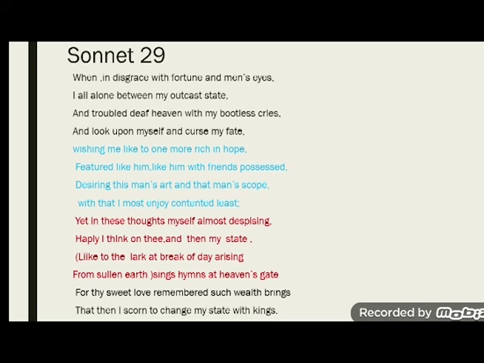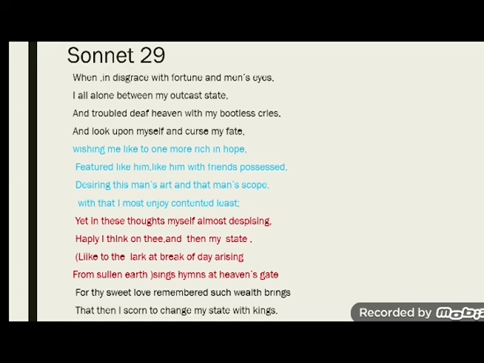Look at the last two lines. "For thy sweet love remembered such wealth brings, that then I scorn to change my state with kings." When I started thinking about your friendship, it enriches and nourishes my mind. At such a moment when I think of you, I become very happy. I become so uplifted.